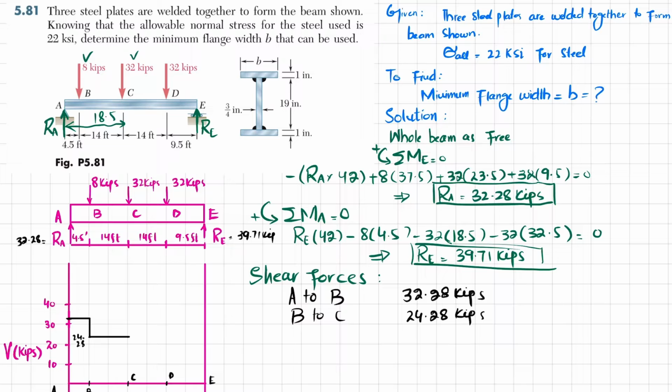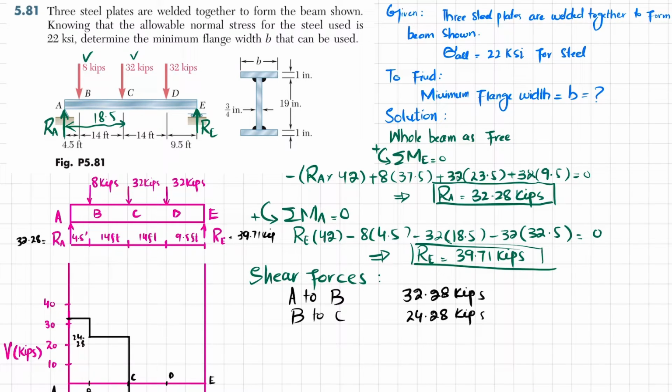Now from B to C the load will remain the same, so it will be a horizontal line. Now you can see that at point C we have a load of 32 kips also, and that is downward. So 24.28 minus 32 will give you minus 7.71. So you have to plot minus 7.71. This is minus 10, so 7.71 will be somewhat here. I will draw a vertical line. Clear?